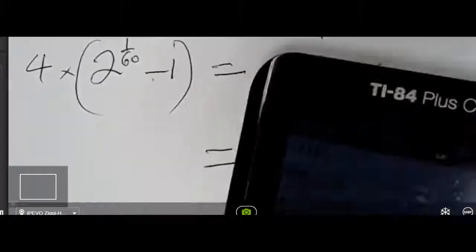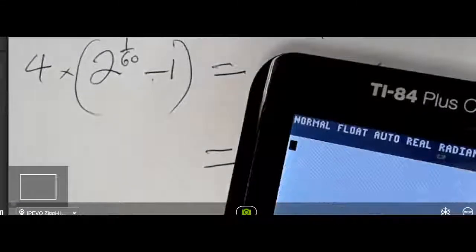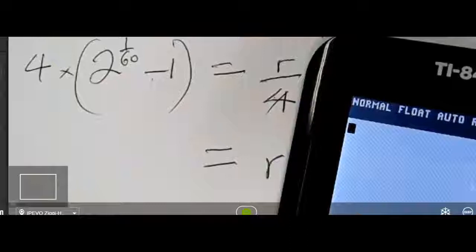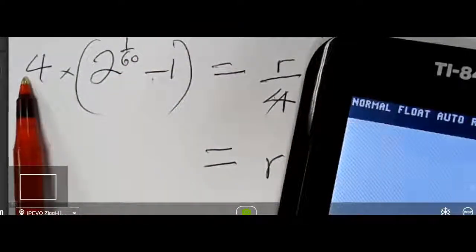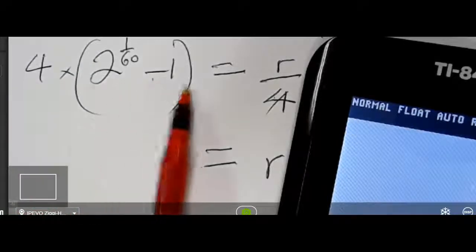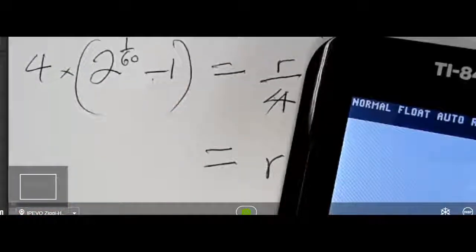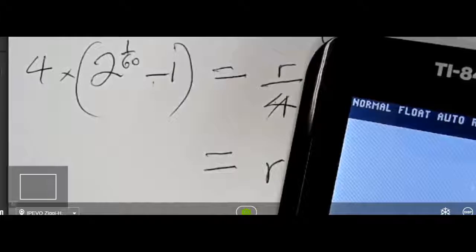We can either start with the parentheses and after we finish, multiply by 4, or you can try plugging everything in like this and see if the calculator will do it for you. Me, I will start with the parentheses first. So I will do 2 to the power, and I'm going to put that 1 divided by 60.